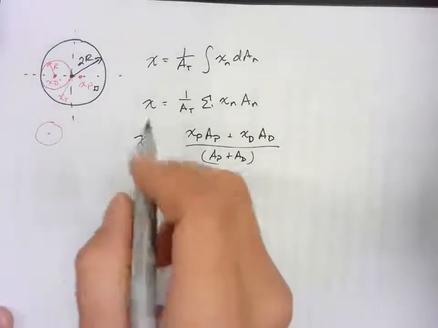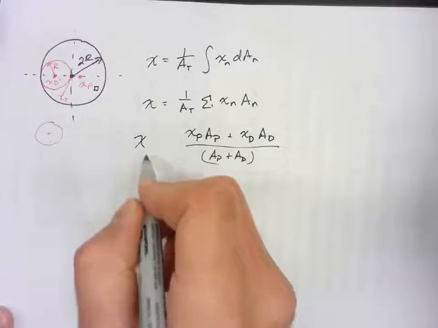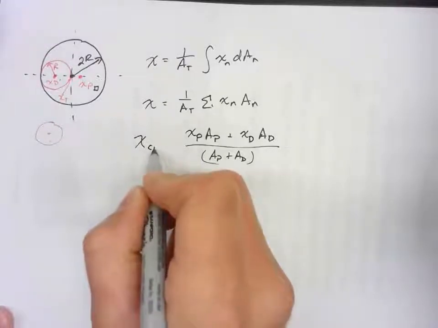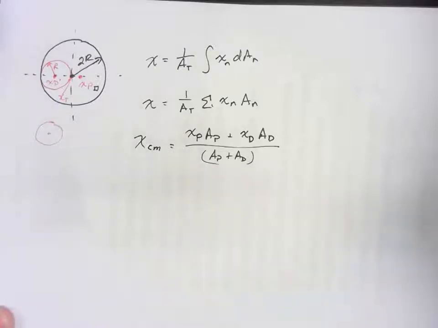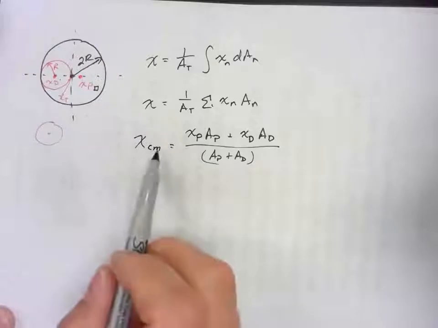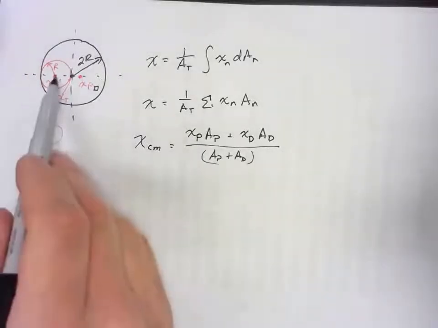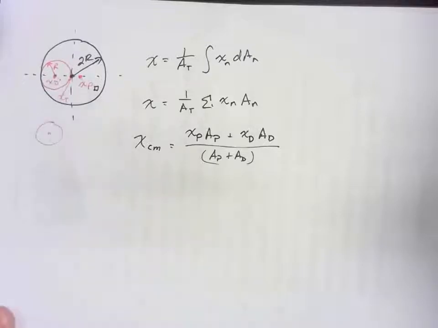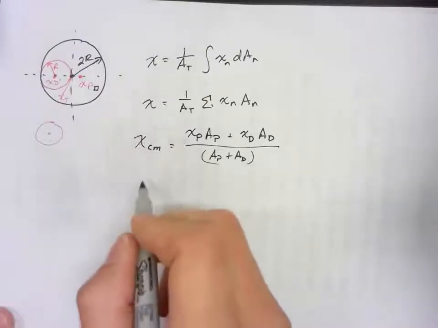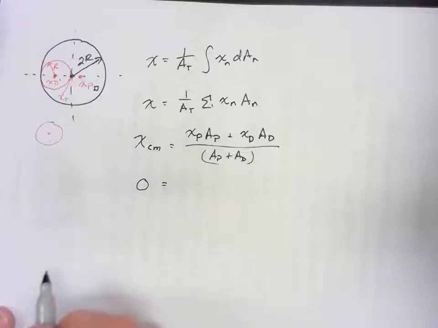And this is going to give us the center of mass that is at the center. All right, so that's a total center of mass if we add up the center of masses of two separate objects. Now we know that this is at the center, which is 0.